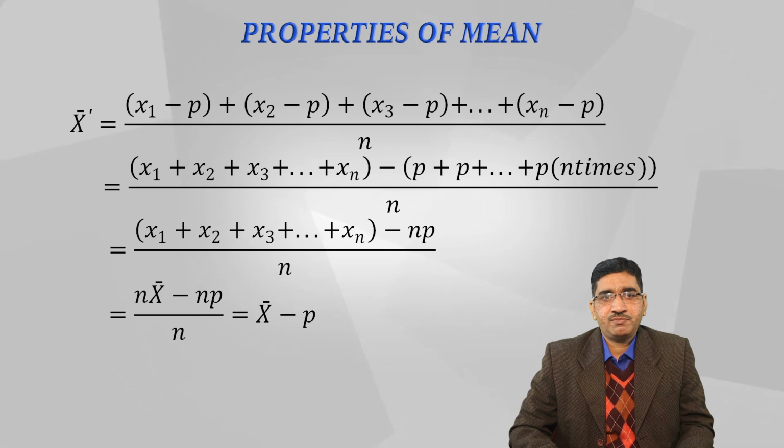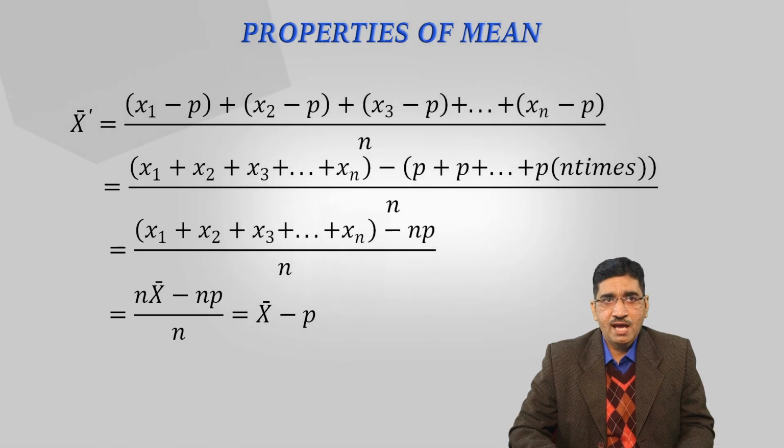So, the remaining term will be x bar minus p. So, here we can see that if we subtract a constant value from each and every observation of the series, then the new mean will be decreased by that constant from the old mean.